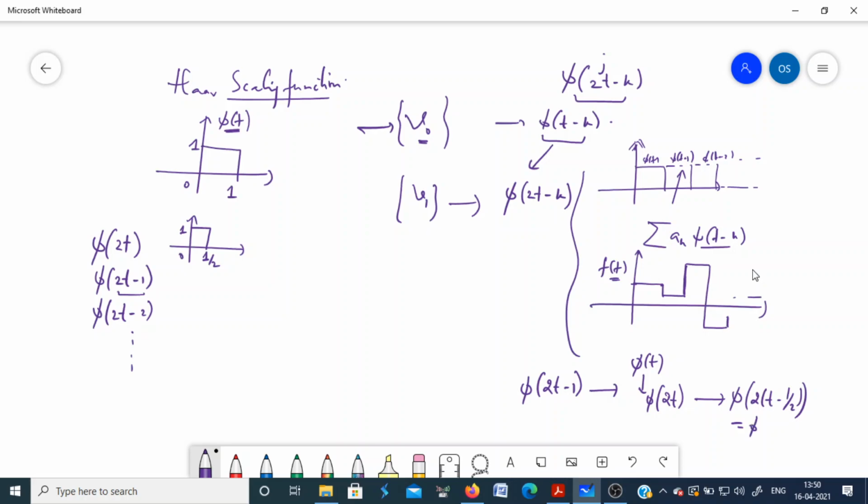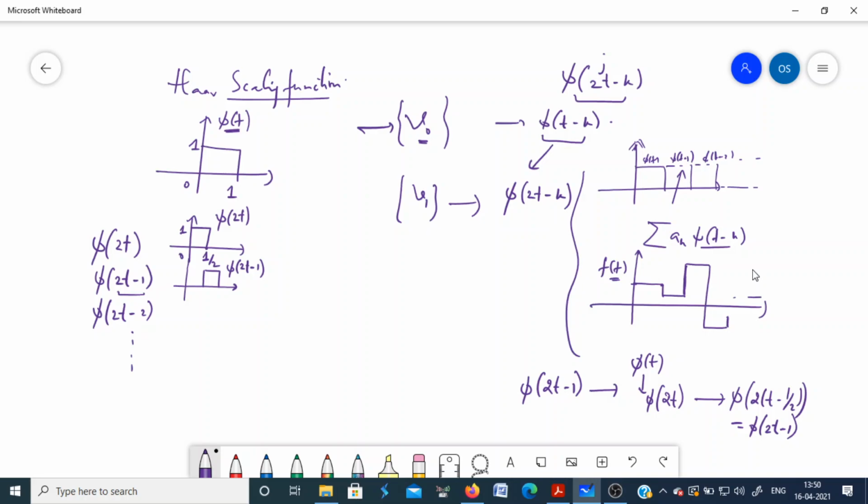This is how you get phi of 2t minus 1. So you have phi of 2t, and then you translate it to the right by half. You will have a function like this. This is phi of 2t minus 1: compression by half, then shifting by half.